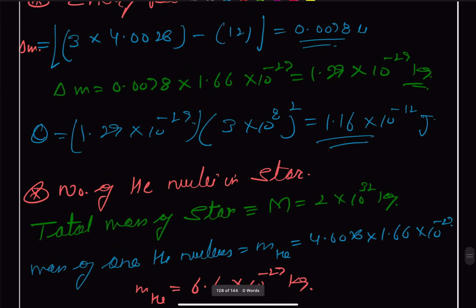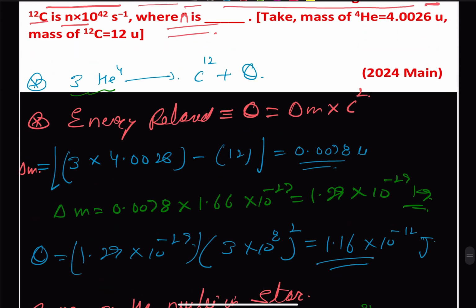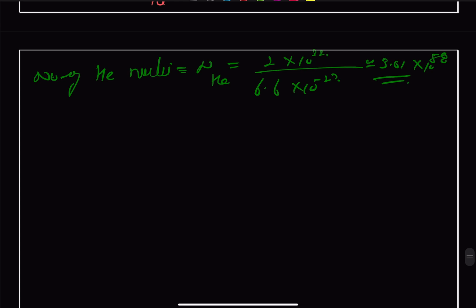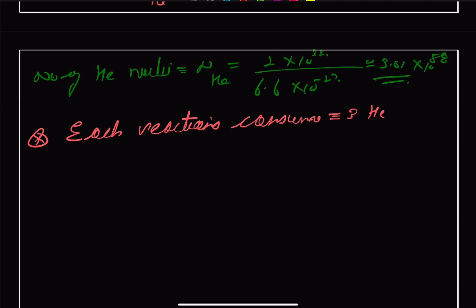Now in the reaction that is given, 3 helium is giving to us 1 carbon plus energy released. So if the rate of reaction is given as R, then the consumption of helium will be equal to 3R. Each reaction consumes 3 helium.